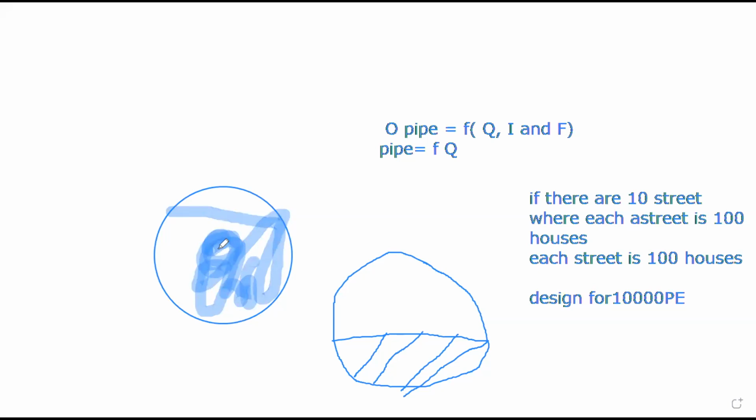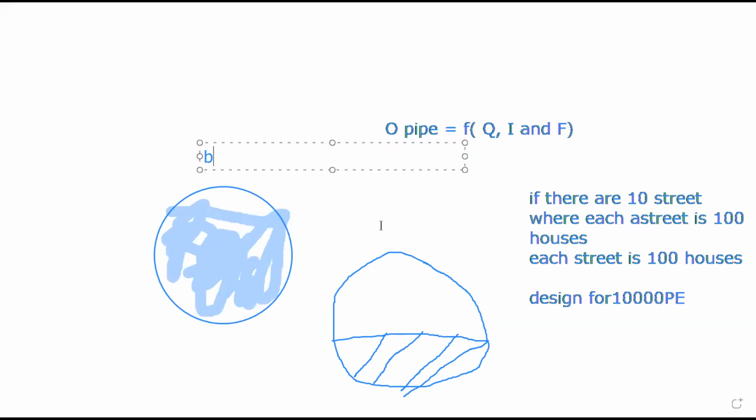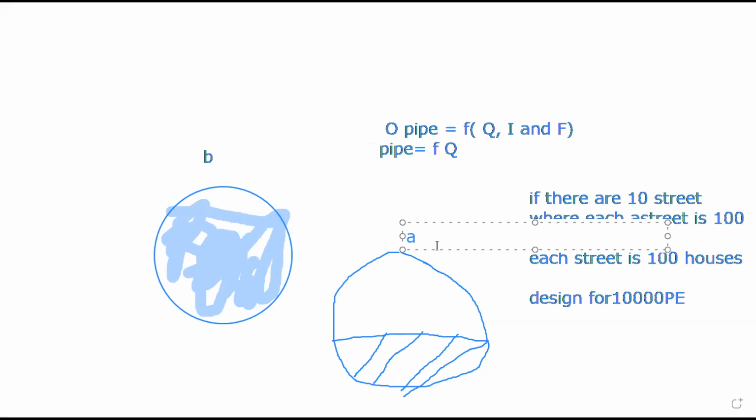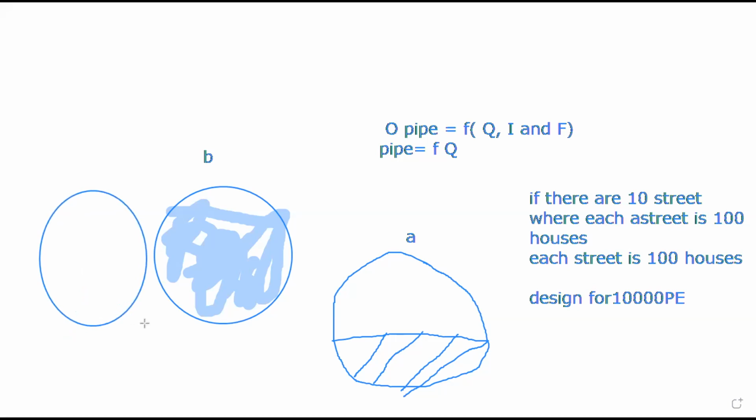Sorry, this is B, and this is A. Who is a better designer? For me, depending on the return period expected, if it's a critical project, if it's a project you want to use a very high return period, then A will be okay. But if the return period is not that much, B will be okay.